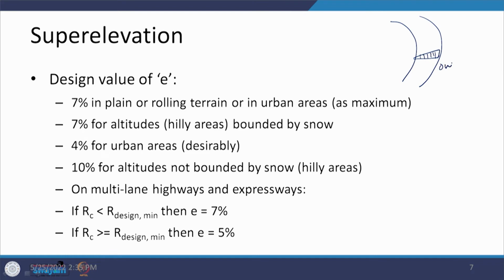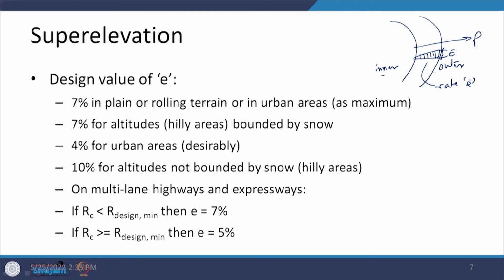So, you have an outer side here and an inner side on this one, and because there is a centrifugal force which is acting outwards, we are trying to counteract by raising the outer edge with respect to the inner edge, and this raise is E and the rate at which it is being done is small e.